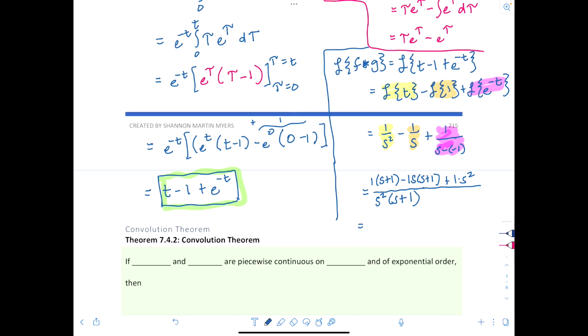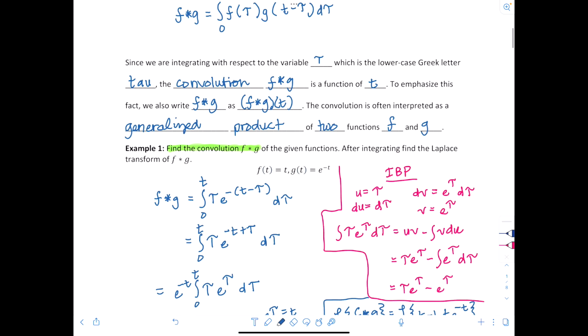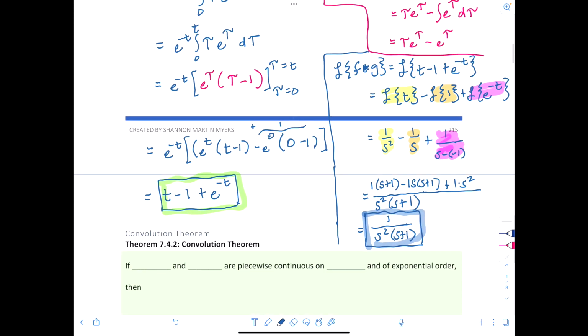So at the end of the day, believe it or not, we just get 1 over s squared times s plus 1. Cool? All right, and so that takes care of the Laplace transform of the convolution of f and g. Groovy?